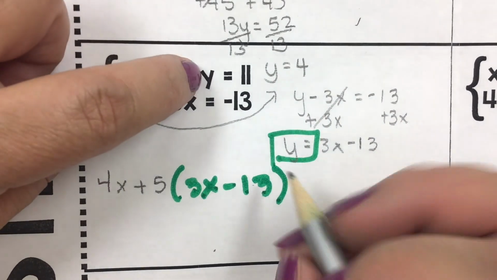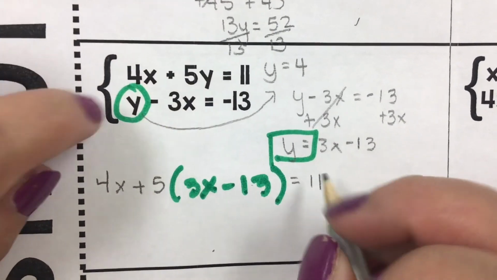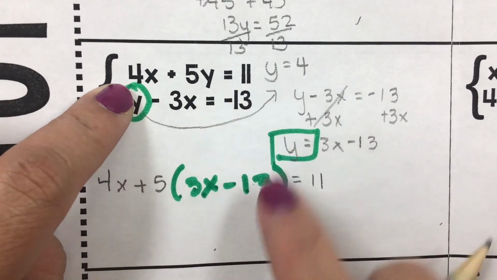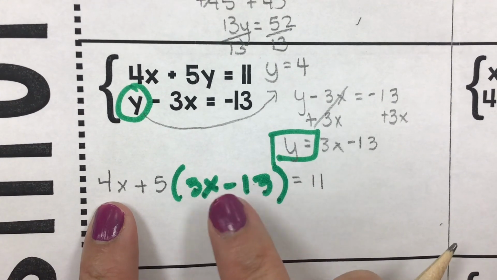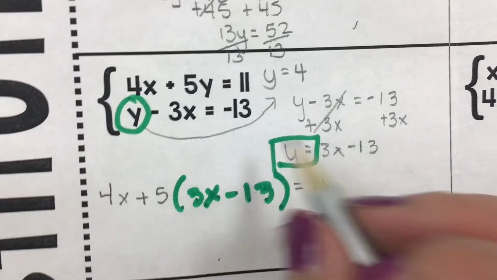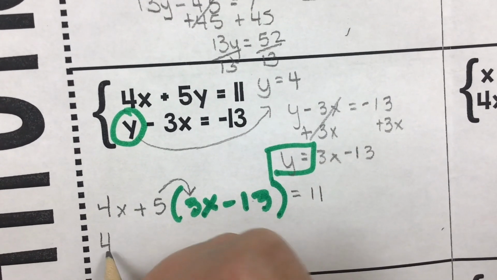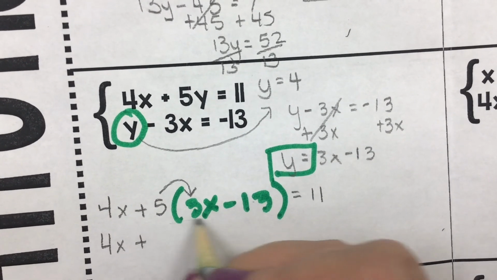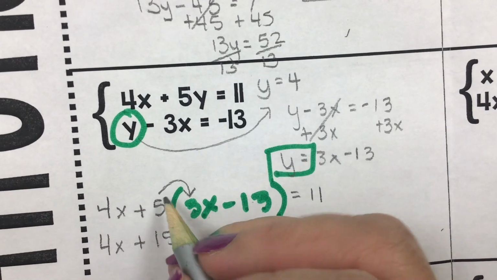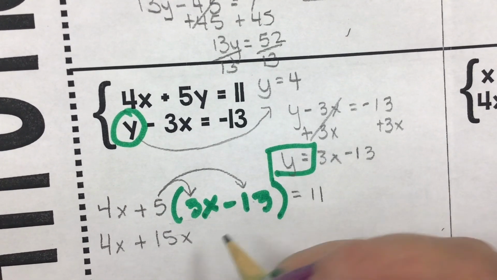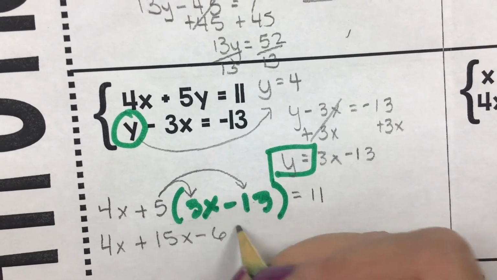But that still equals 11. So remember, you were trying to rewrite the first one with the substitution of that y value. Now you're going to do the distributive property. That's 5 times 3x. I'm going to rewrite 4x plus 15x. Negative 5 times a negative 13 gives me a negative 65.